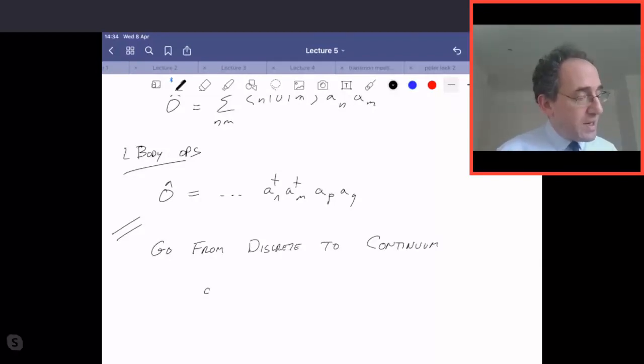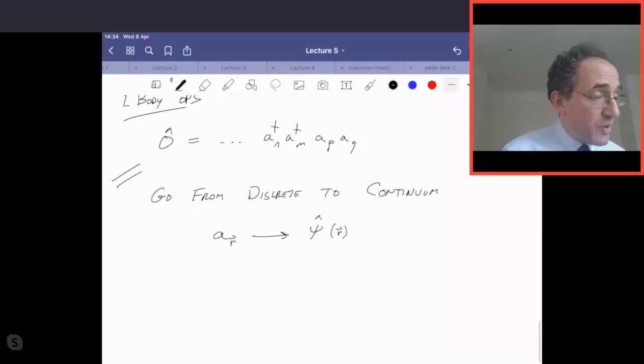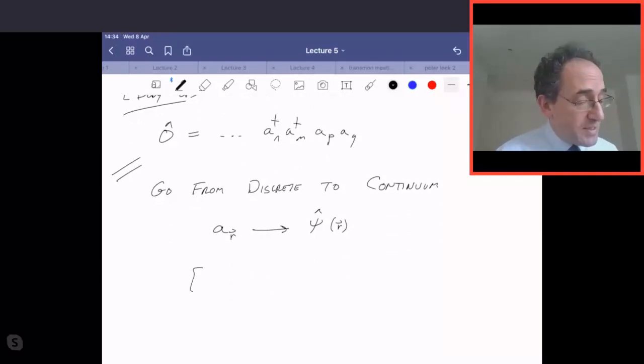So our a_R operator, destruction operator at position R, gets turned into, we usually change the notation, psi hat at position R, but now R can live anywhere in the continuum. We also change the normalization a little bit.